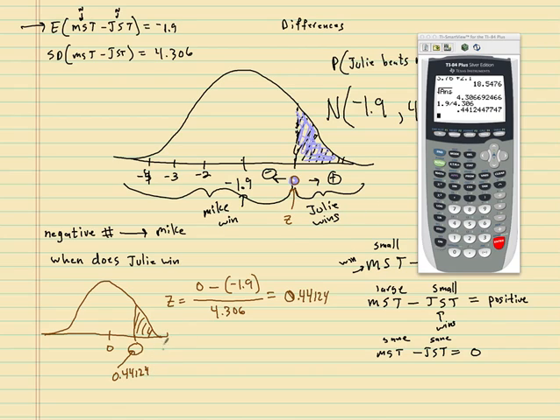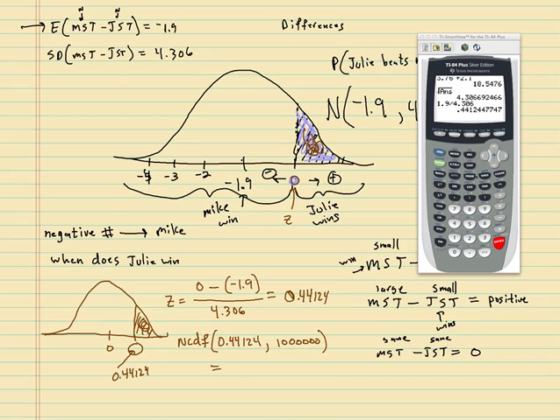So now that I have that, I just have to do normal CDF. Put in my start, which is 0.44124, and then put in a large number. This will give me this area here, which is the probability that Julie wins.